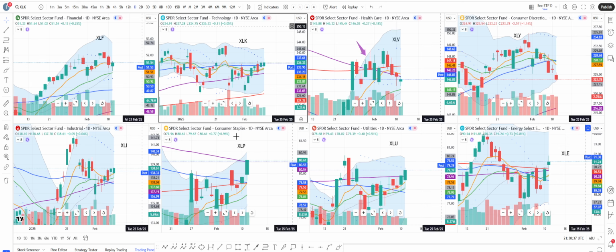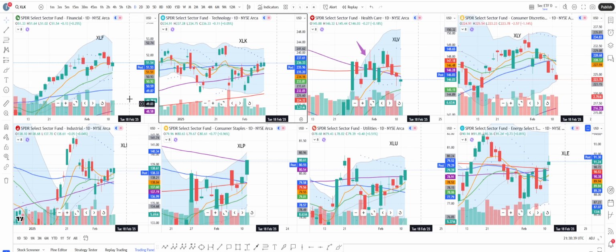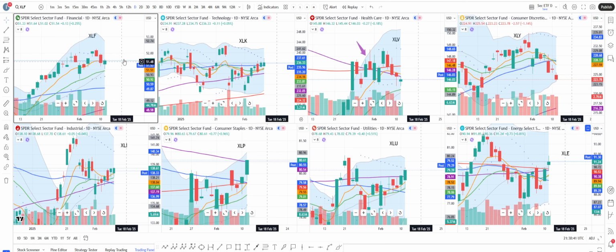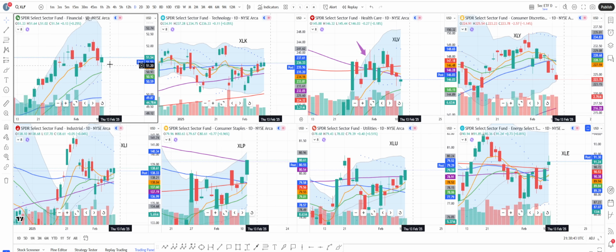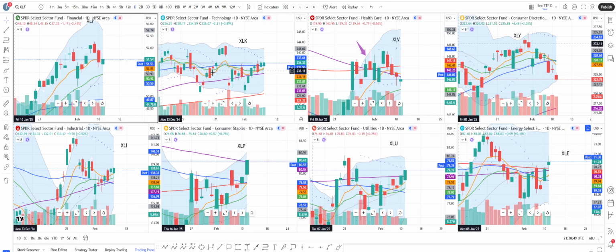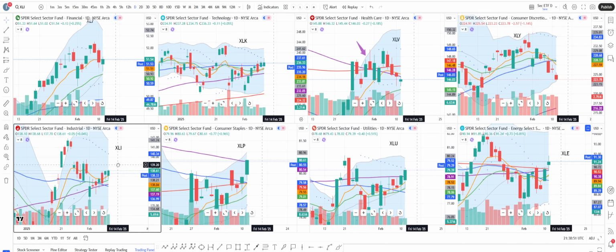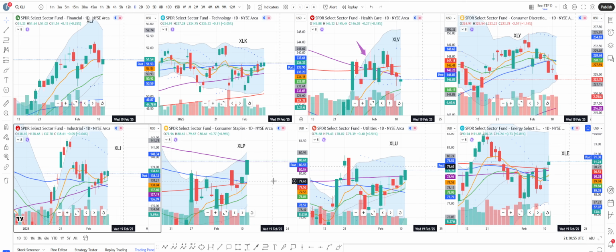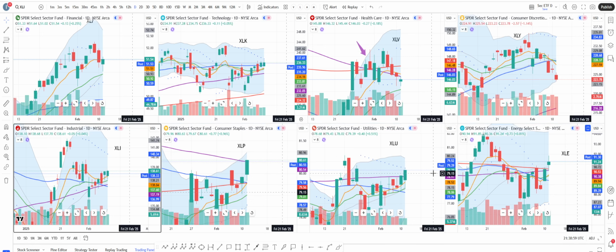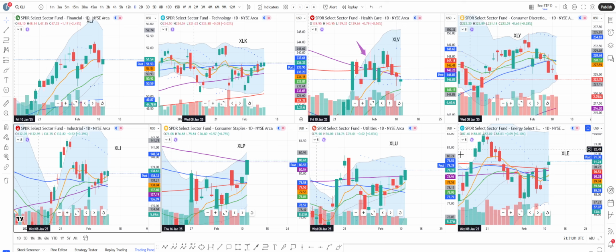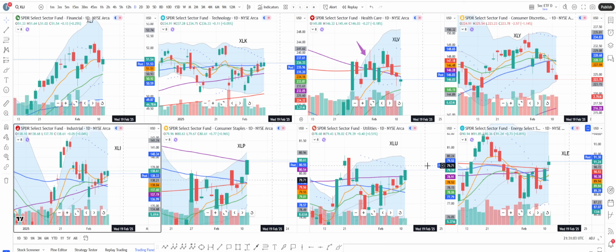Now let's have a look at the major sectors. What we are seeing here, first of all, is that financial is bearish. This is a bearish continuation candle. It's not high enough to be bullish. The other ones, industrial, technology, consumer staples, and utility, are bullish and have better chances to move up tomorrow.